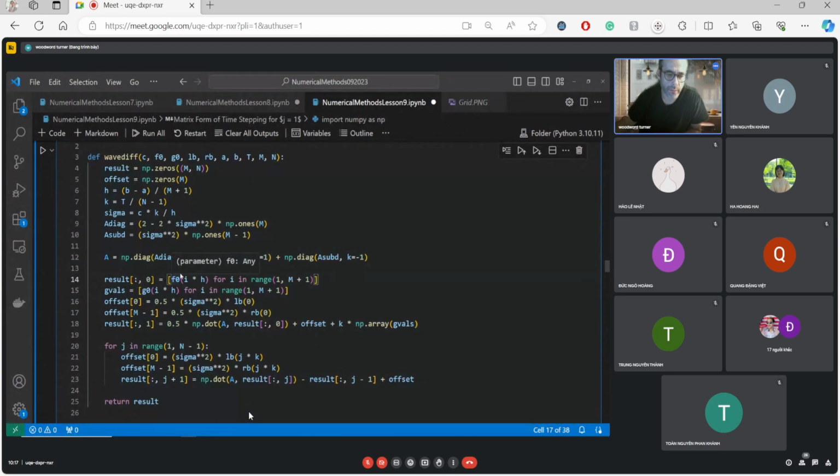Initially this was written in Julia, but it's in Python here, so let's go through it. I'm defining a function here that is the wave differential equation, or the wave PDE. Let's go back to the definition just for a second, so we can remember all of the different conditions on this one equation.